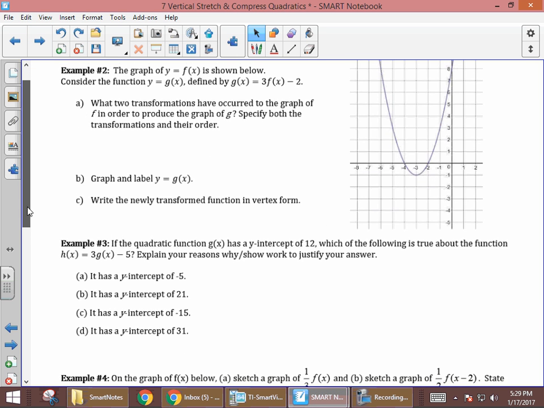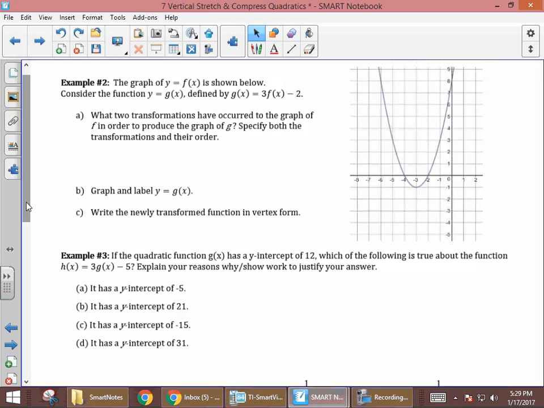So on the back, example 2 says the graph of y equals f of x is shown below. Consider the function y equals g of x defined by g of x equals 3 times f of x minus 2. What you should notice is we are changing it only on the outsides again.